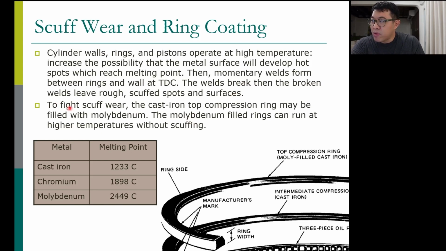Now, to prevent scuff wear, the top compression rings may be filled with molybdenum. Molybdenum has a much higher melting point than cast iron, almost double, to prevent it from melting and creating scuff wear. So it's coated with molybdenum. This molybdenum in this picture is called molyfill cast iron. So that's the top one.